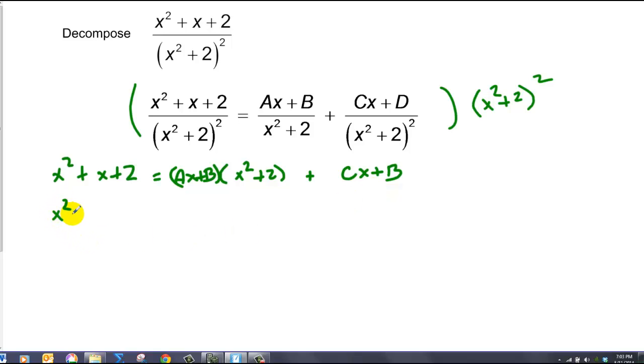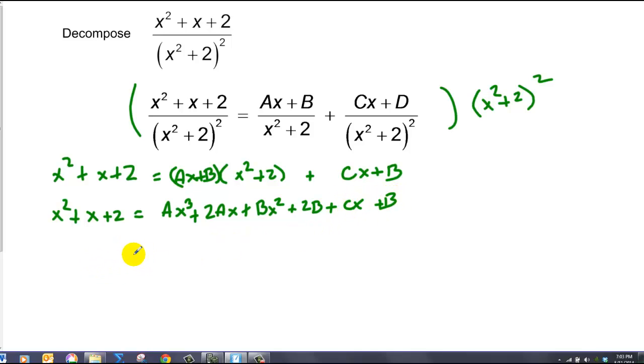I'll have to FOIL this out now, giving me ax cubed plus 2ax plus bx squared plus 2b plus cx plus b.